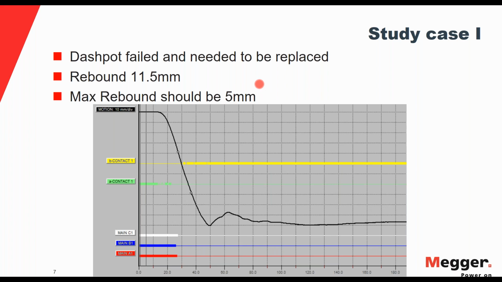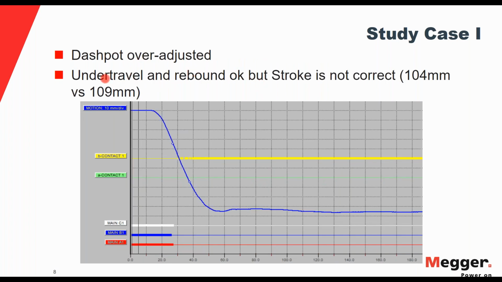Now they replaced this dashpot and did the test again. The dashpot was over-adjusted, and now the breaker, instead of rebounding, didn't have any rebound, but the whole stroke, the whole value from the start to the end of the motion, has become less.